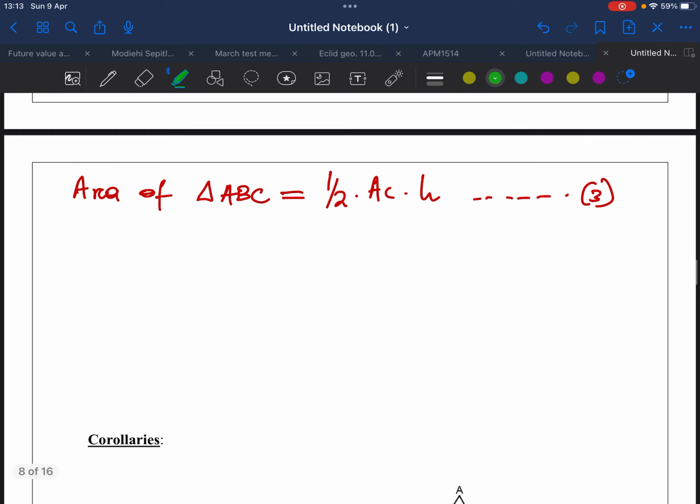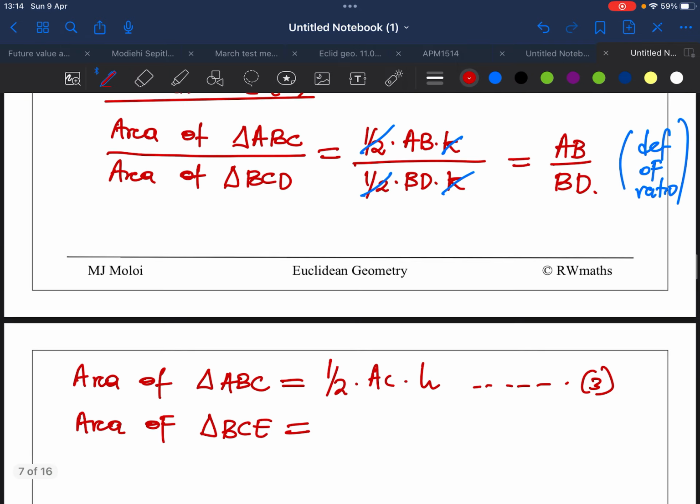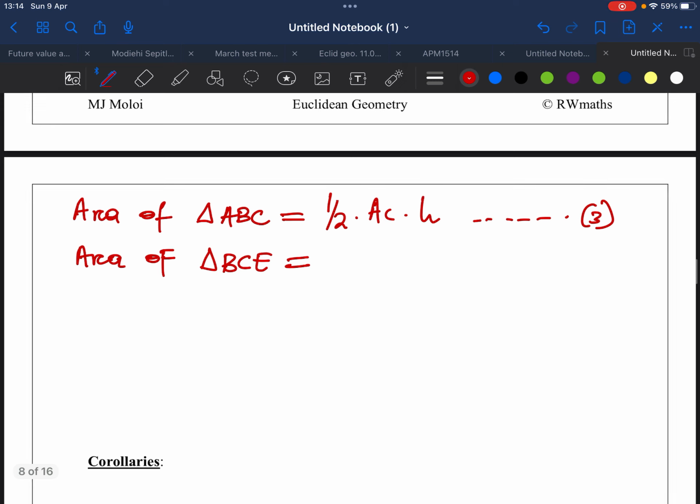So the area of triangle BCE will be half times CE times height H. Name this 4.